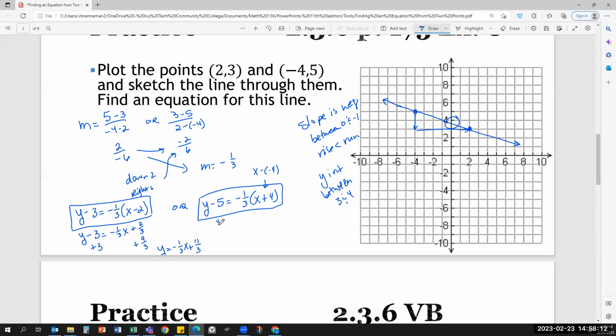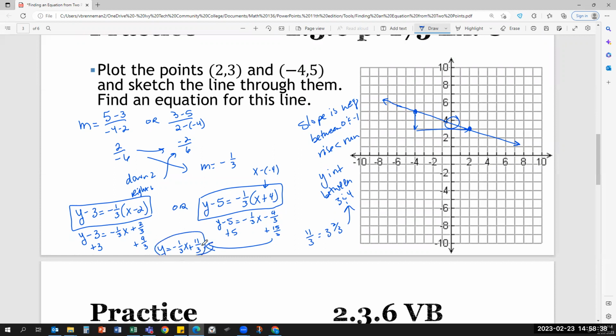And the other one, y minus 5 equals -1/3 x minus 4/3. Add 5 to both sides, that's 15/3. -4 plus 15 is 11 again. So it gets that same thing. And 11/3, notice that's 3 2/3, which is between 3 and 4, as I observed on the graph.